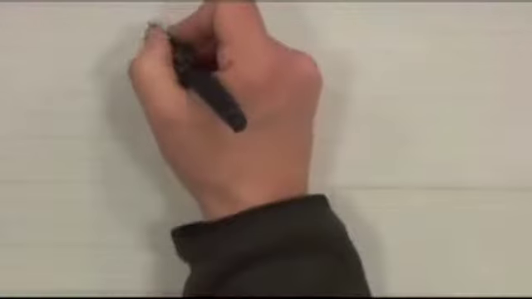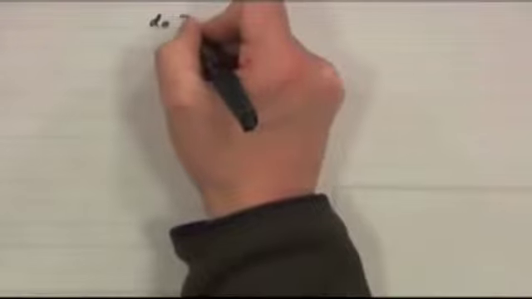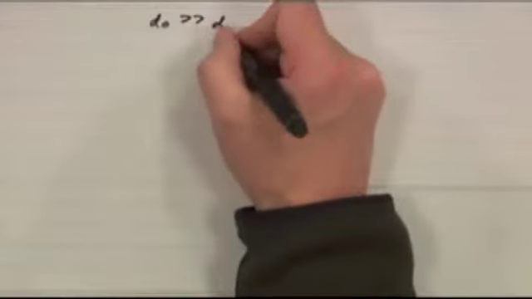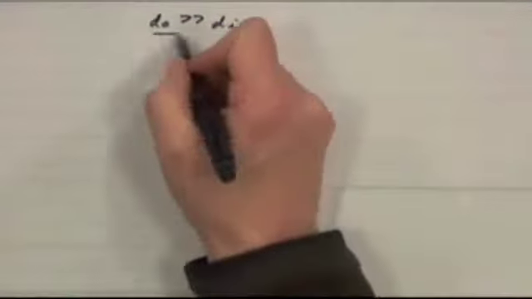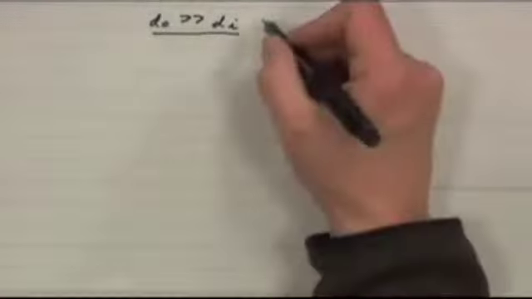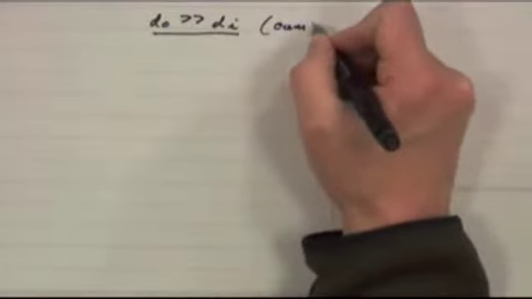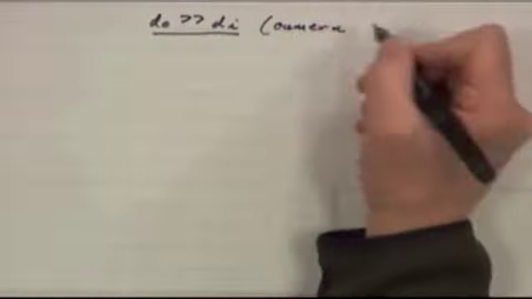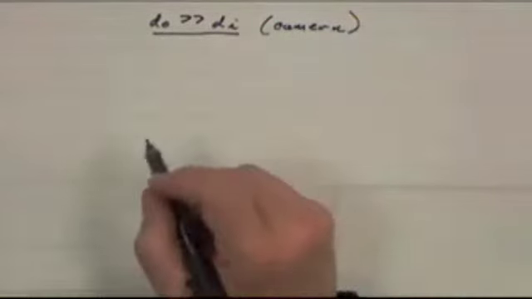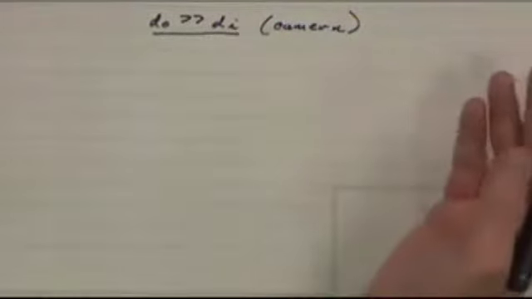So if d sub O is much greater than d sub I, right? So the object is a lot further away than the imaging plane. So this would be like a camera, like a point and shoot camera.